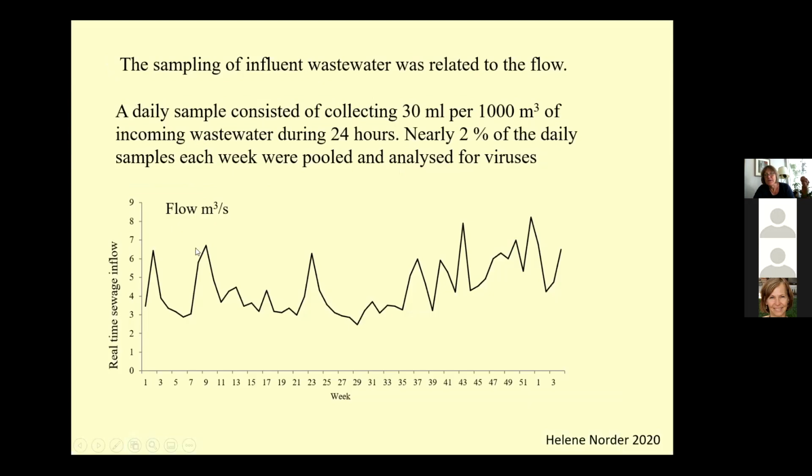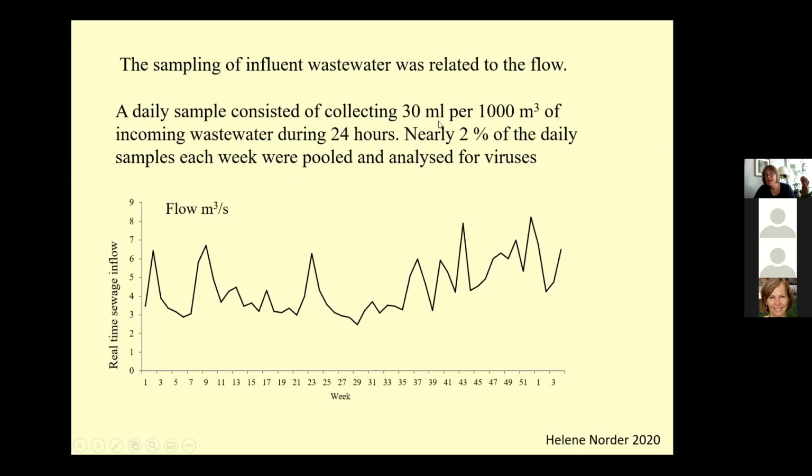And we sampled according to the flow. As you know, when it's raining they get much more wastewater in, whereas on low-rain days there is much less. So to be sure that we get just as much from each toilet, so to say, because we wanted to see how many viruses there were in the society, we sampled according to the flow.